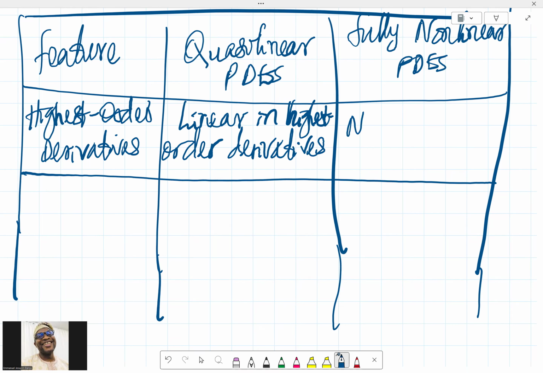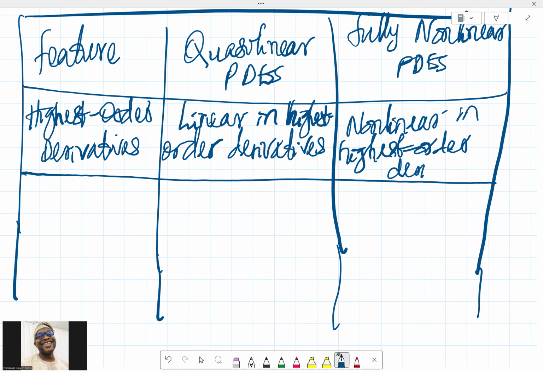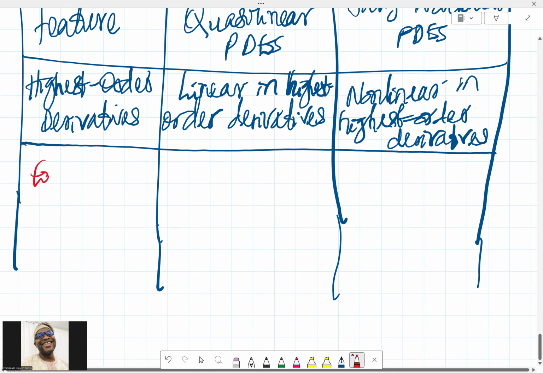For fully nonlinear, the PDEs are nonlinear in highest order derivatives. And then we have the next one: examples.